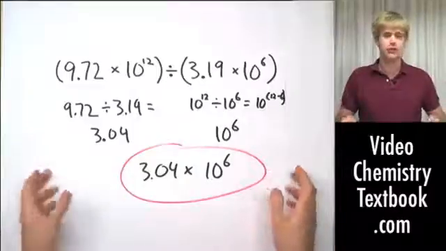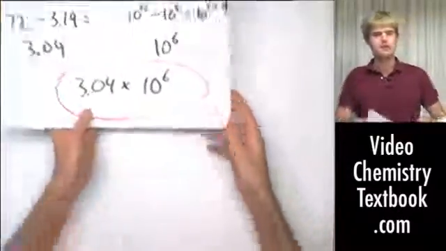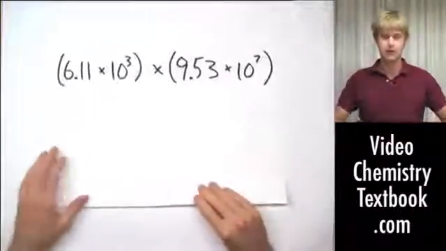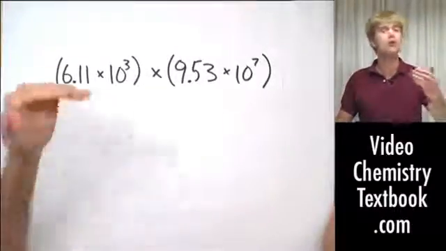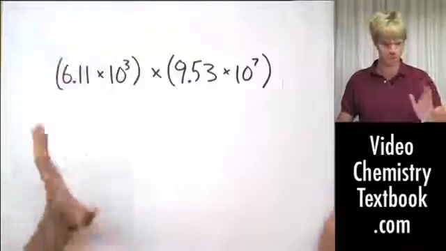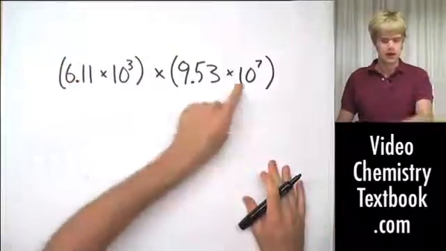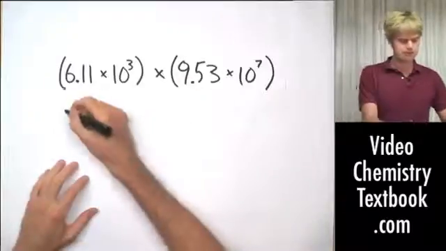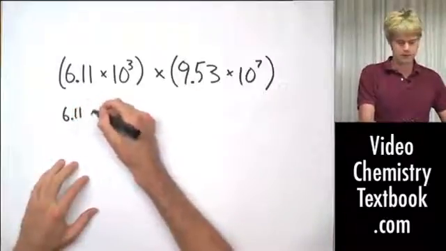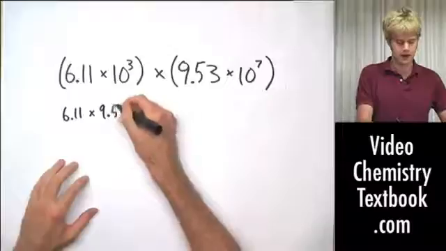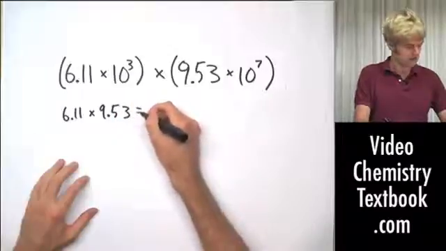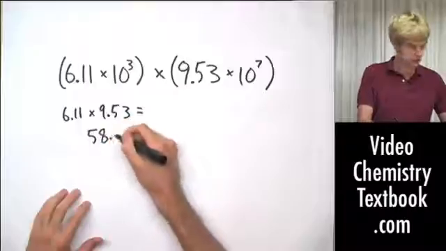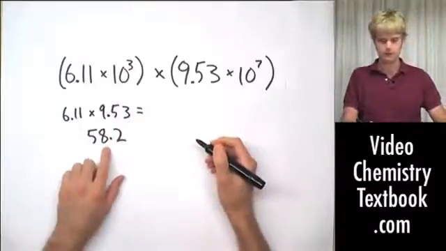This is relatively straightforward. Sometimes it gets a little bit trickier when the number that we get is bigger than 10 or smaller than 1. Let me show you what I mean. Here's an example where we do 6.11 times 9.53, and that's going to give us 58.2 for this part.